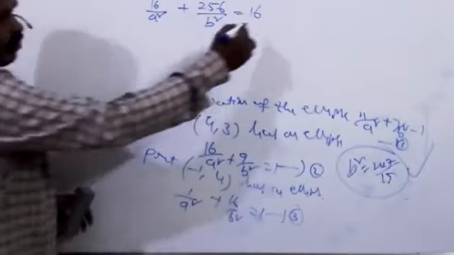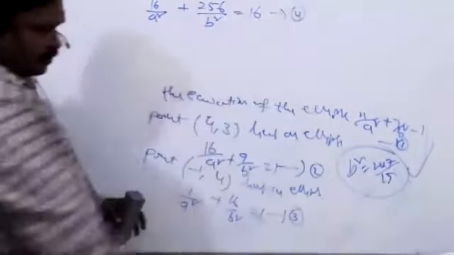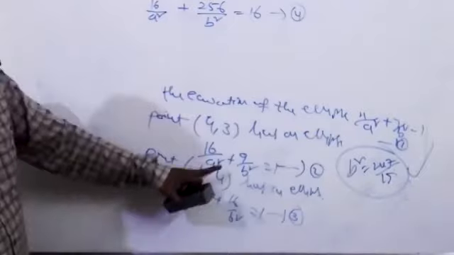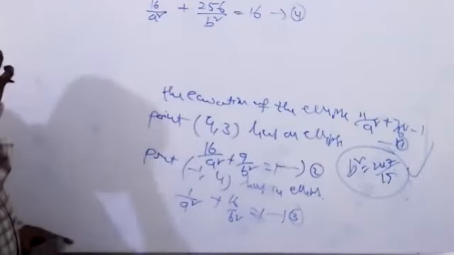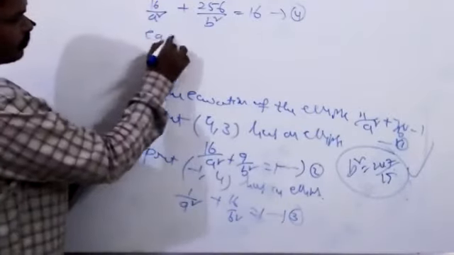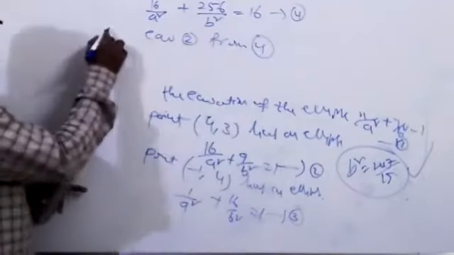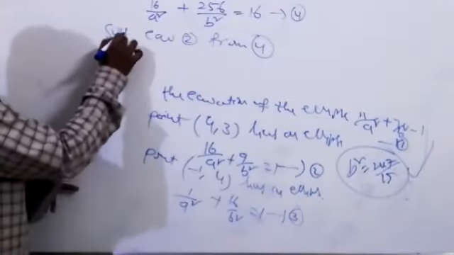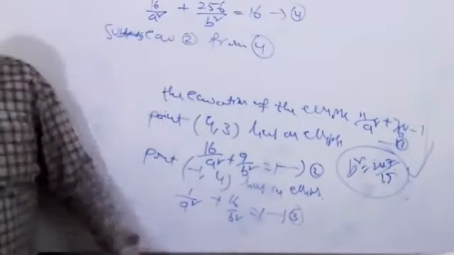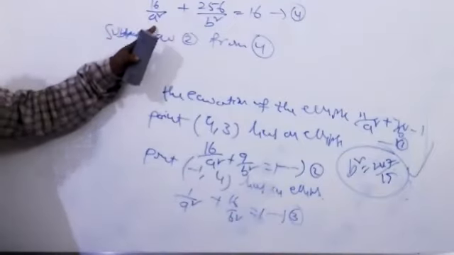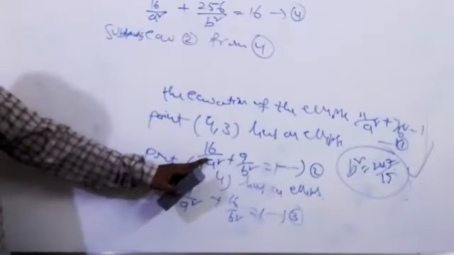Now this is equation 4. Now from equation 4, subtracting equation 2, the 16 by a square gets cancelled.